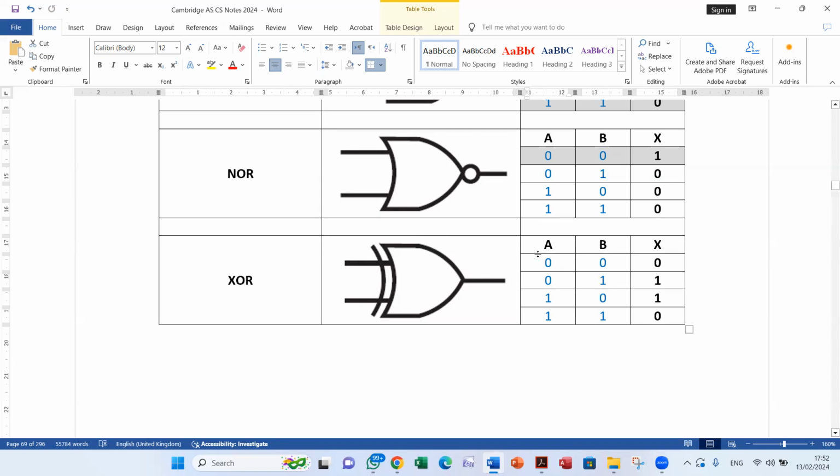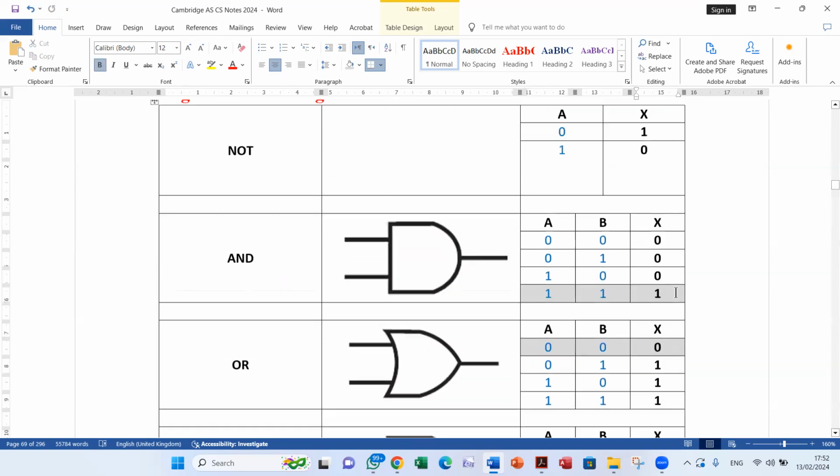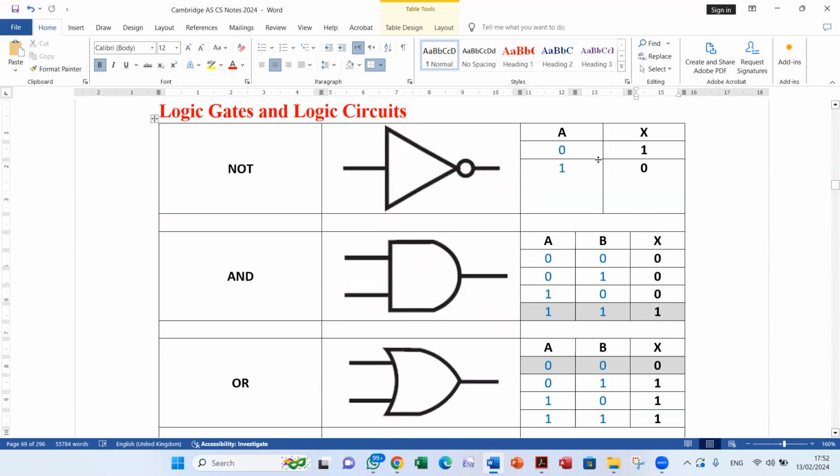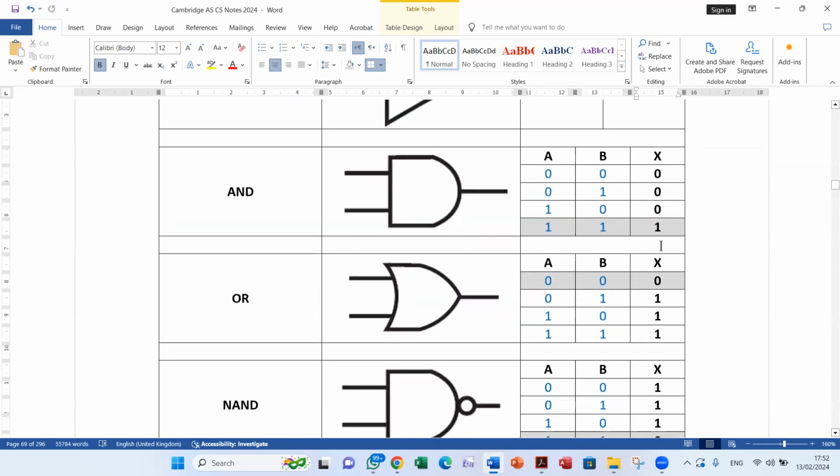If the two inputs are the same, 0 and 0, or 1 and 1, it outputs a 0. If the two inputs are different, 0 and 1, or 1 and 0, it outputs a 1. Study it the way you wish, but you need to learn all these very, very well.